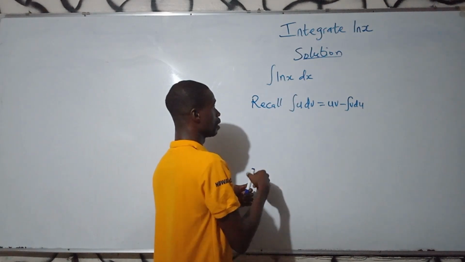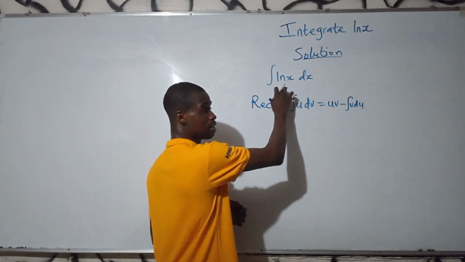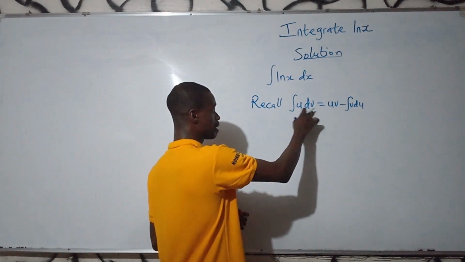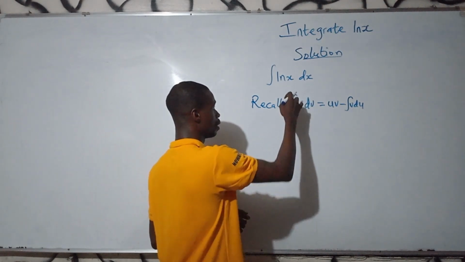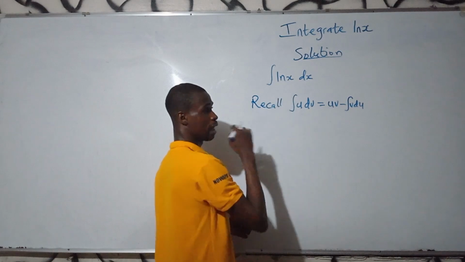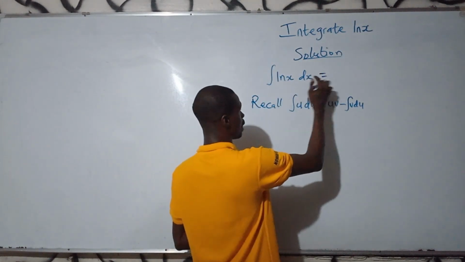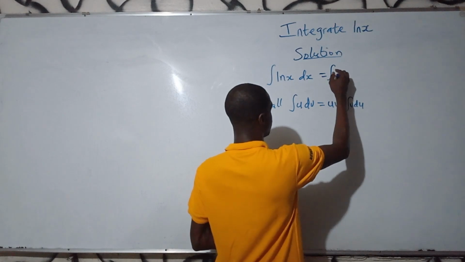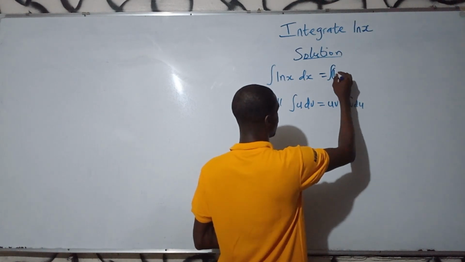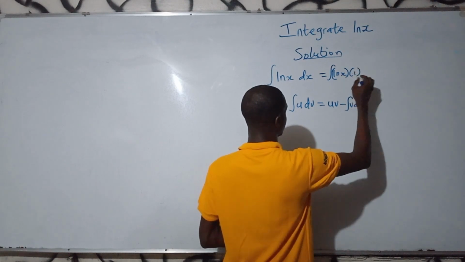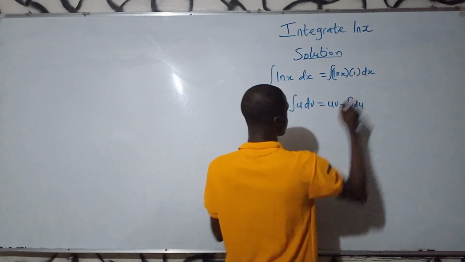But we can still rewrite this. Because we are also going to find our dv, and I told you that you can represent it as 1. Now, why did I say you can use 1? Because this is also the same. You can rewrite this as open brackets ln x, then 1, dx.